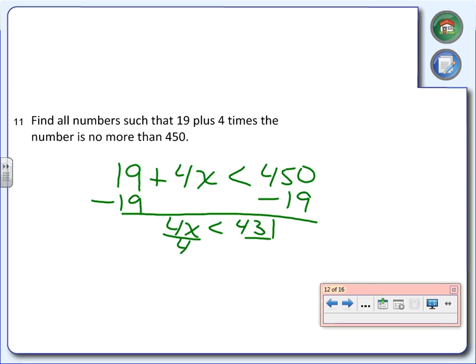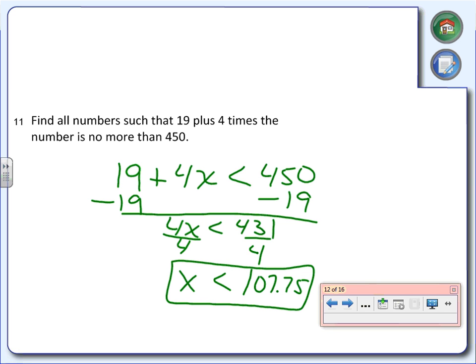Divide that 431 by 4, and I think it came out to be a decimal, right? What was 431 divided by 4? 107.75. There we go. And there we have it.